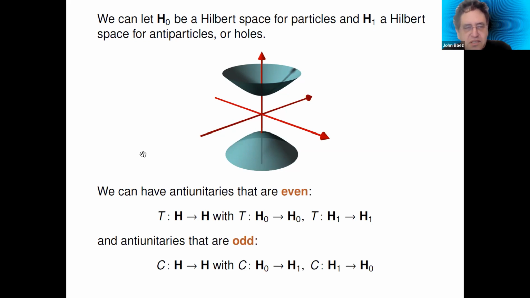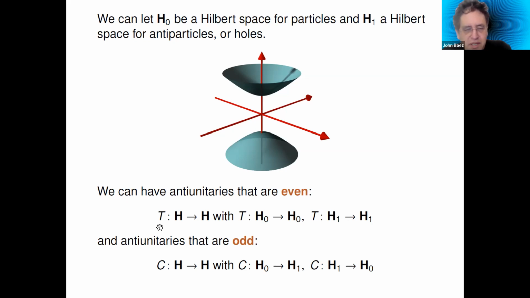Okay, so I'm not going to stick to the physics interpretation of it. I'm just going to do the math now. In this situation, when you have super Hilbert spaces, it's very nice to focus attention on even and odd operators. You can have even anti-unitary operators and odd anti-unitary operators.